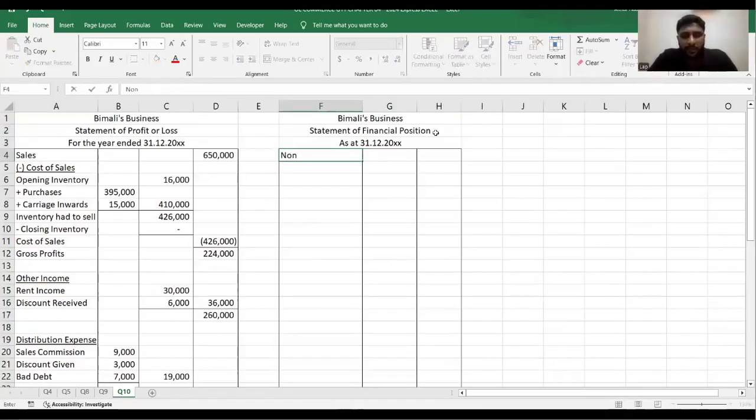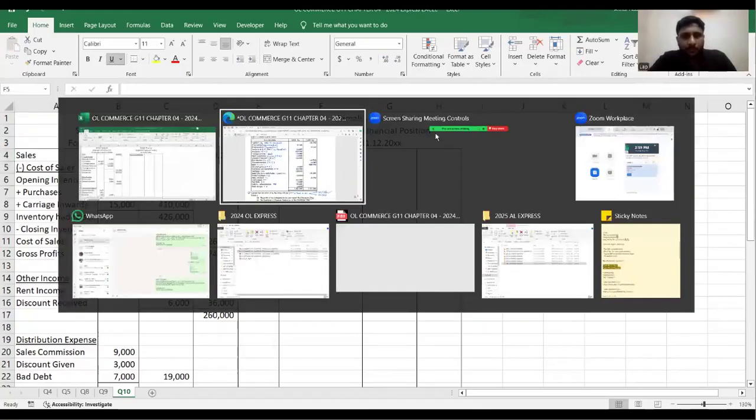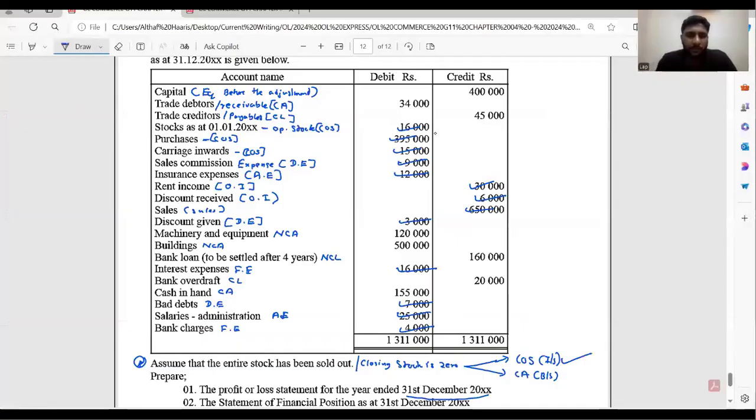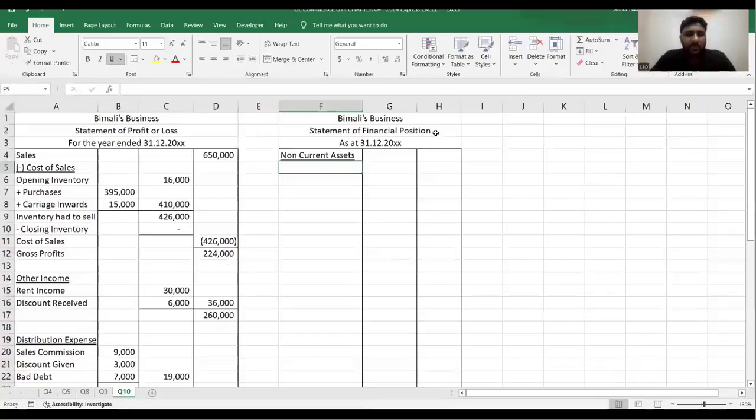So it is starting with the non-current assets. So let's start with the non-current assets. Here we have machinery and equipment 120,000.